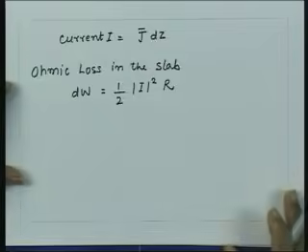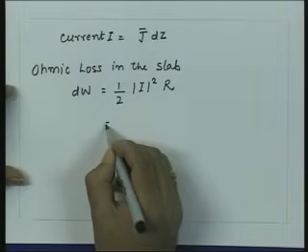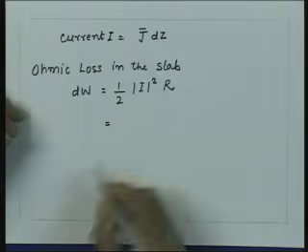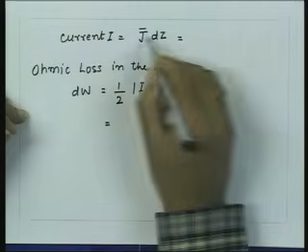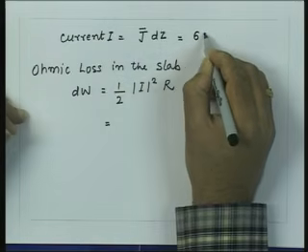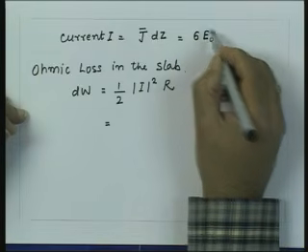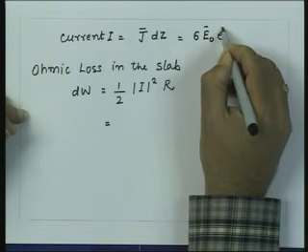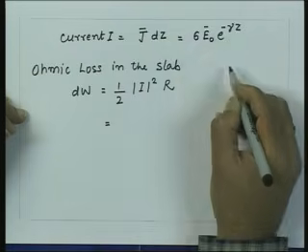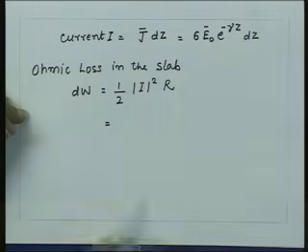I can substitute in this. J I substitute as sigma E 0 e to the power minus gamma z into dz.